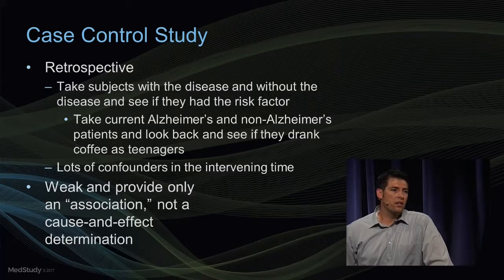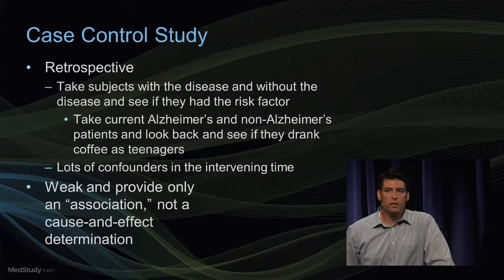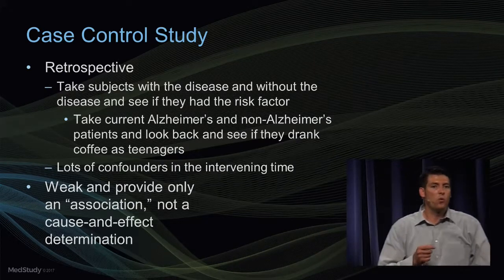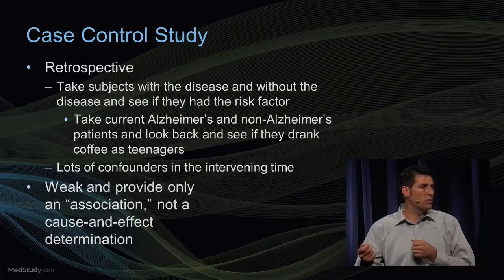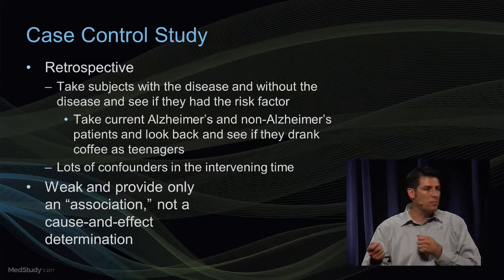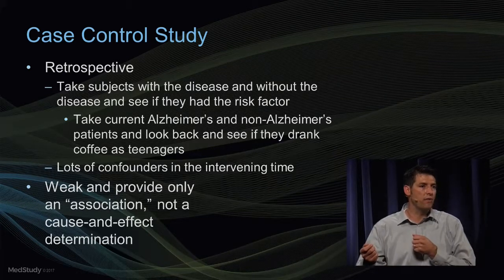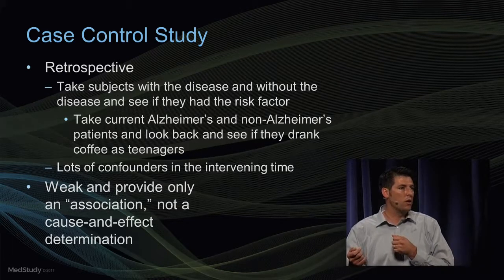The trouble with this is there could be lots of confounders as well. We're not really controlling for different questions that may be also associated with Alzheimer's. We can't necessarily randomize people to different treatment groups or different types of exposures to see how that affects their outcome of Alzheimer's.